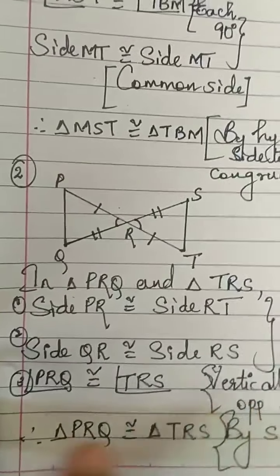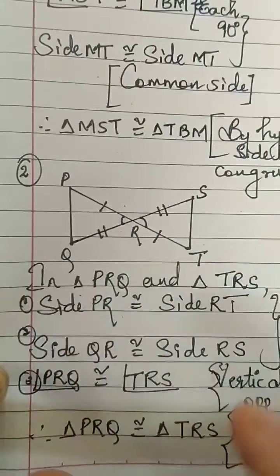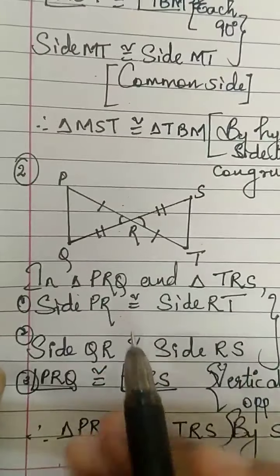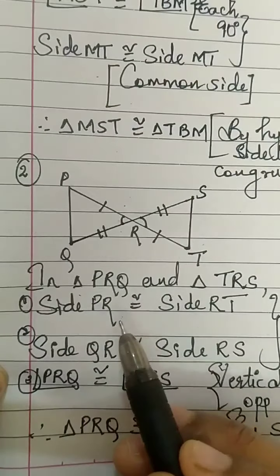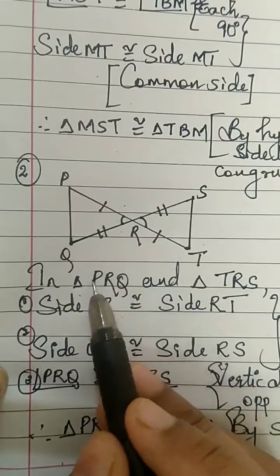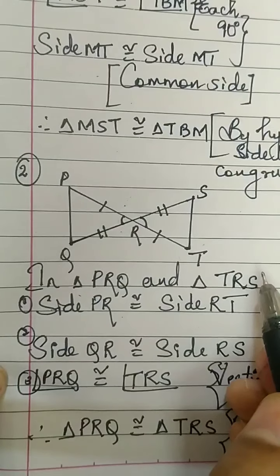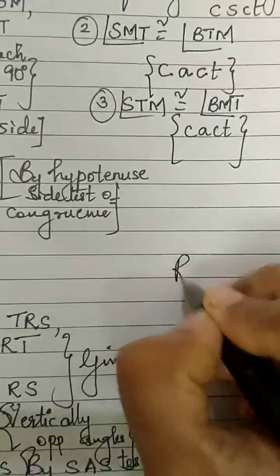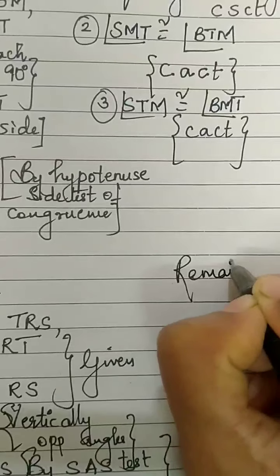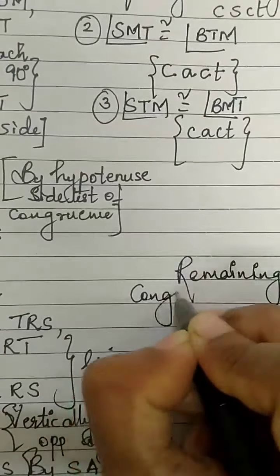Now which are the remaining parts to be proved? You have taken two sides. A triangle has three sides. Which is the third side remaining? PR over, QR over. Now which is the side remaining? PQ. So write side PQ congruent to side TS. You will write remaining congruent parts.